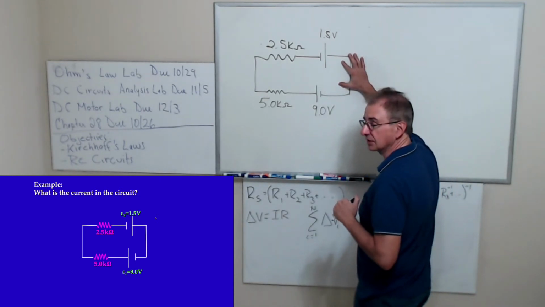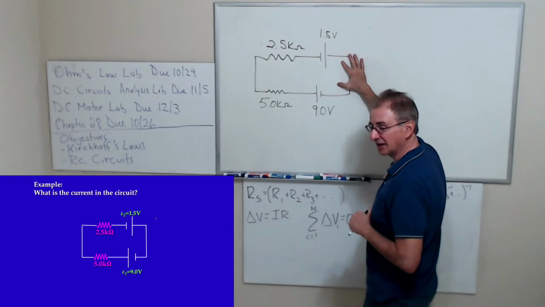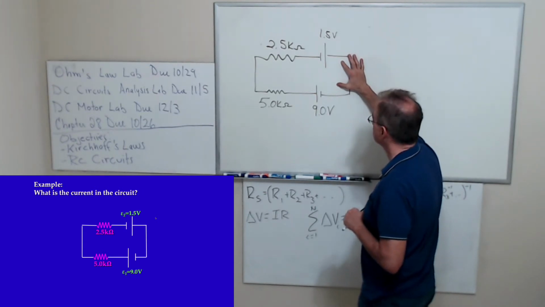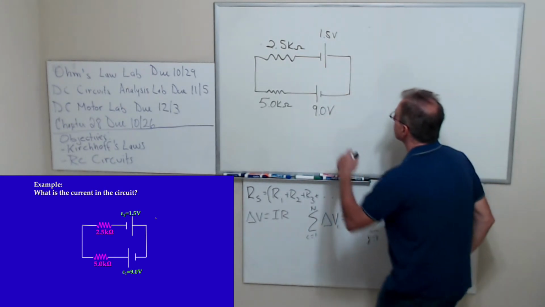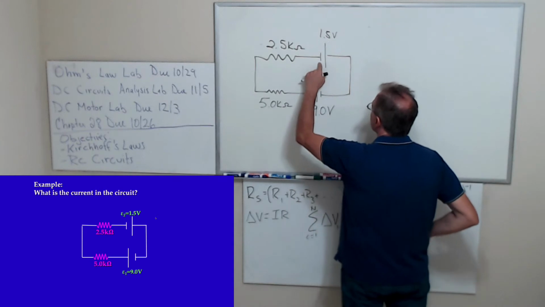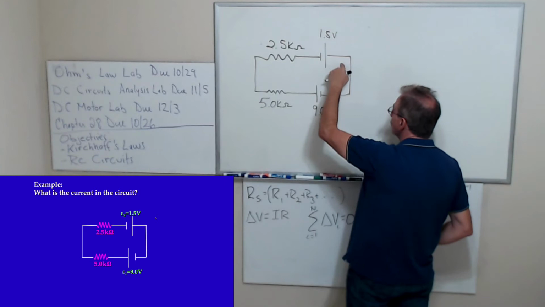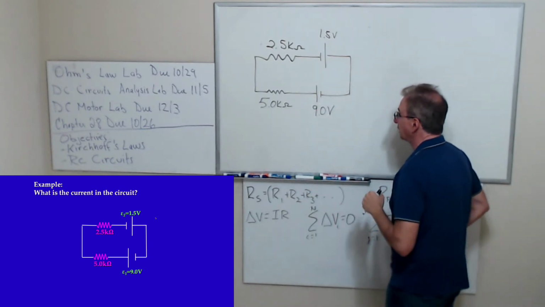You did this in the lab, the multimeter quiz. You connected two batteries in series, right? And so that's basically what that is, two batteries in series. And if you notice, the potential increases 1.5 volts here, and then as you go around, the potential increases another 9 volts.